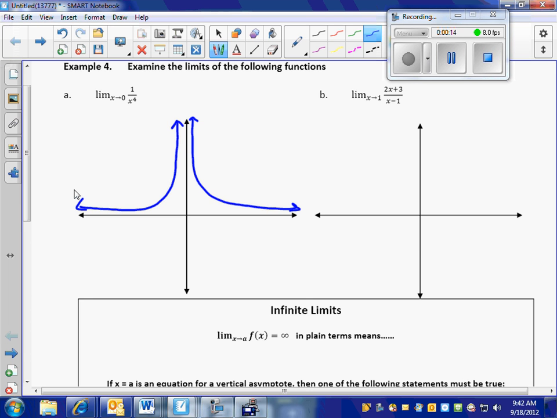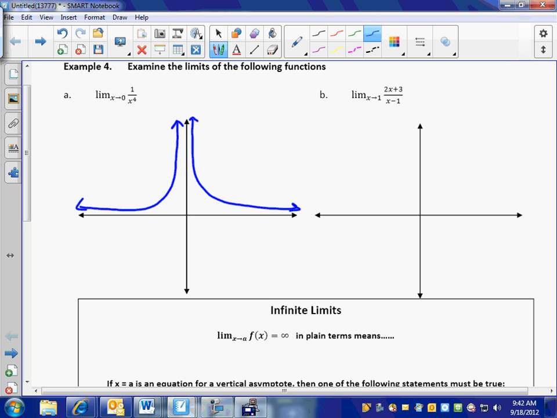We left off yesterday looking at these types of functions. Let's just get our brain back in order. We said that the graph of 1 over x to the fourth looks exactly like that. And if it does, then in order to evaluate the limit, we have to evaluate from both the left-hand side as well as the right-hand side.